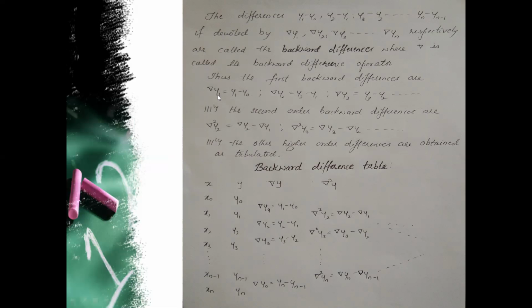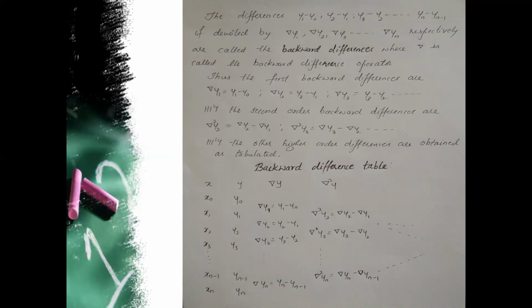Thus del y1 is y1 minus y0, del y2 is y2 minus y1, del y3 is y3 minus y2, and so on. Similarly, the second backward differences are given by del square y2, which is del y2 minus del y1. Again del square y3 is del y3 minus del y2. Similarly, we go on calculating the higher order differences.